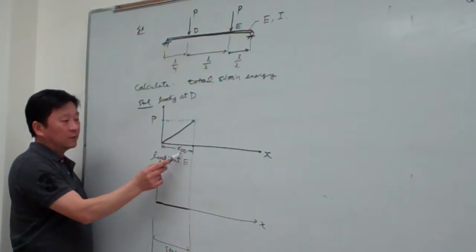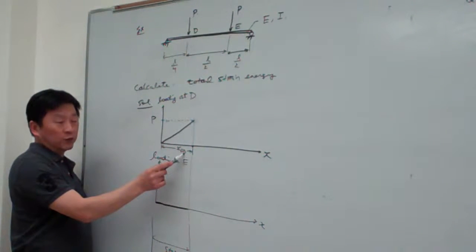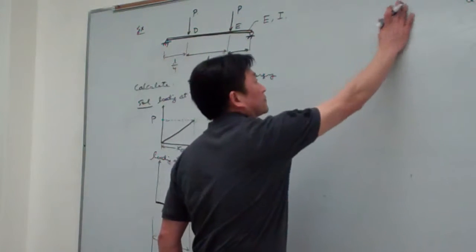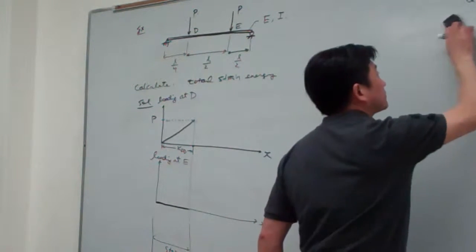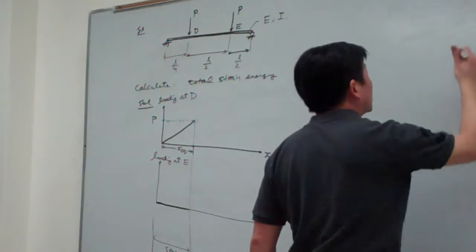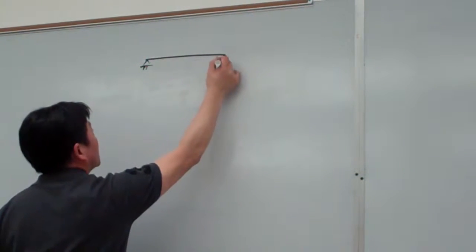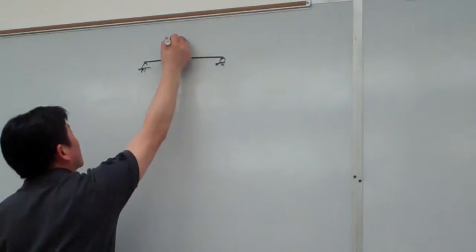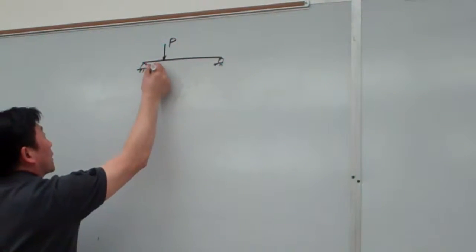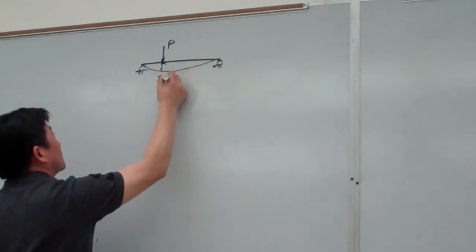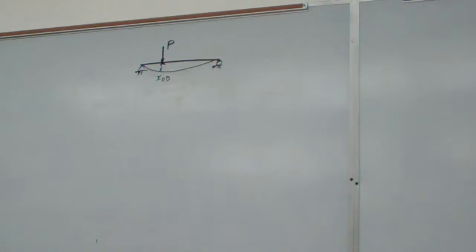And again, the first index indicates location, and the second one indicates which loading the contribution is due to. And from here, what is XDD? XDD, on separate scratch paper, you can write like this. So this is the loading P, and then this is the deflection. So here is XDD. That is our notation for the symbols.